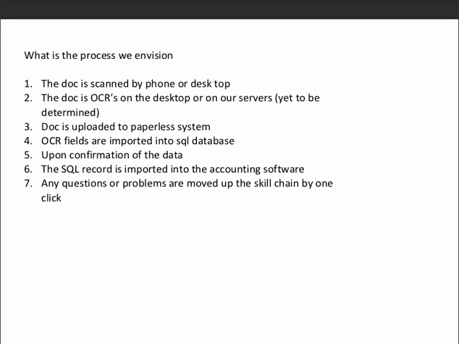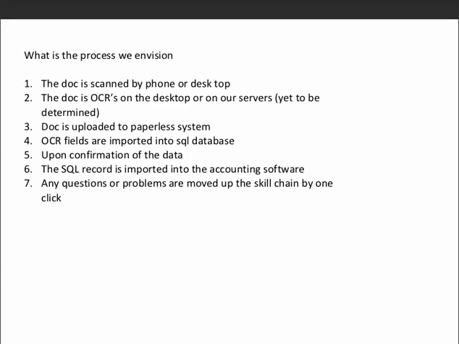And then we can either individually go in and confirm the data, or we can just say if the data looks clean, go ahead and do the import. The SQL database record is imported into the accounting software, and what happens here, I know I've repeated myself, is that once the data is pulled off a document, put into a table, one record in a database, it can then be exported.